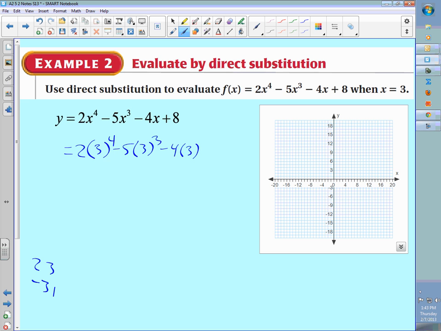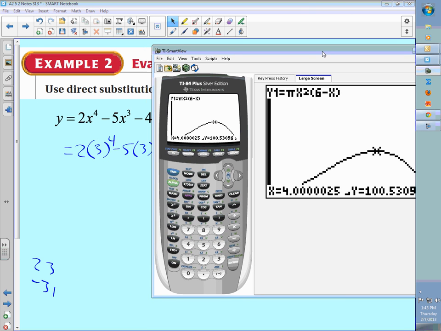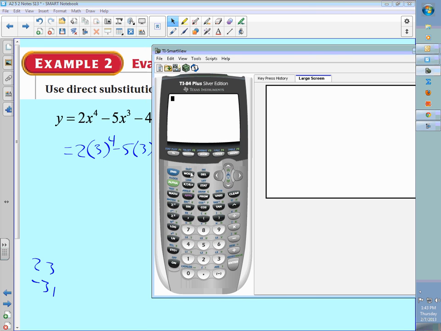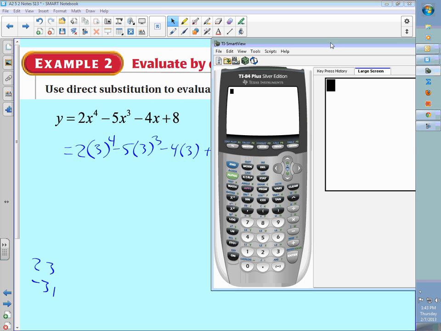And I really want you to start utilizing your calculator to do things like this. Okay? On your calculators, except for a couple of you, you can enter this whole thing in one shot. 2 parentheses, 3 parentheses, raised to the power of 4.